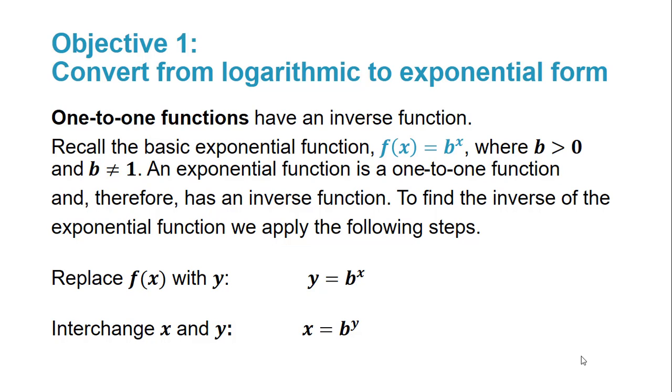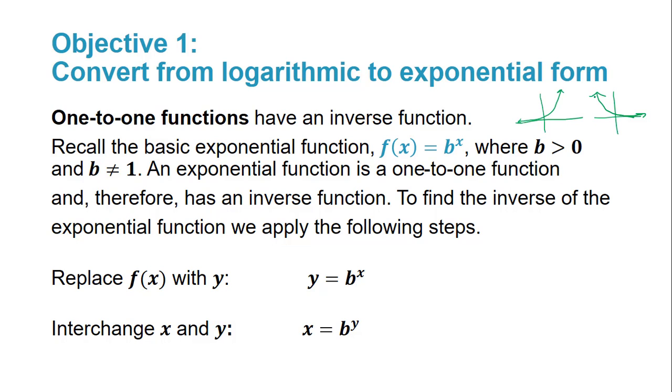And so recall that the basic exponential function, f of x is equal to b to the x, where b is greater than 0 and b is not 1, is a one-to-one function, right? Its graph is either always increasing or always decreasing, so its graph passes the horizontal line test and therefore has an inverse function.